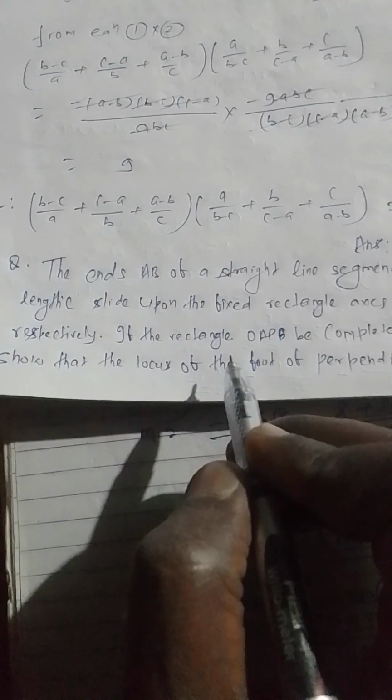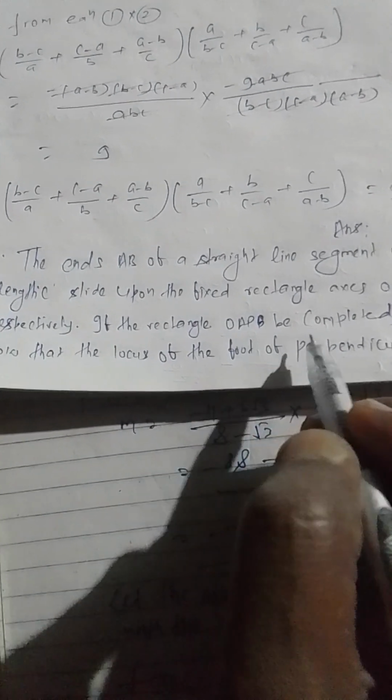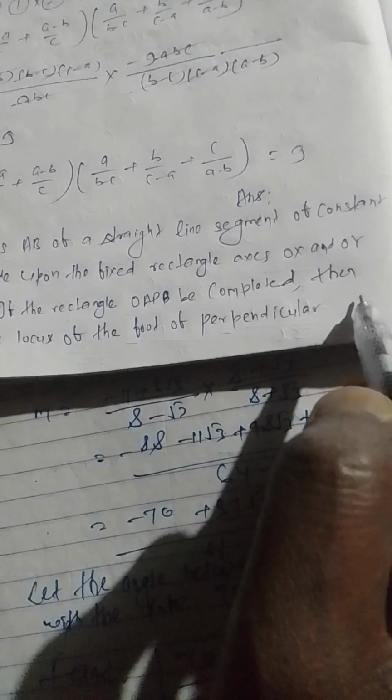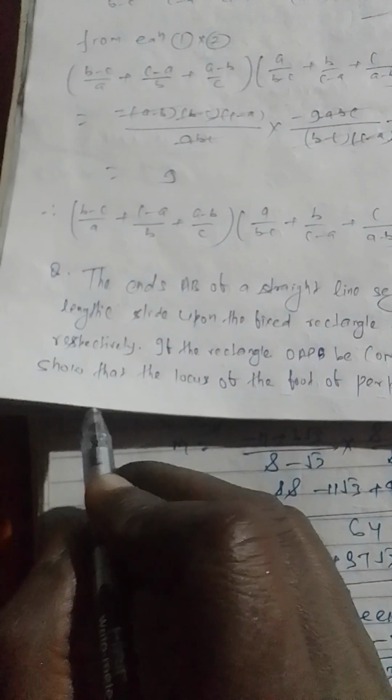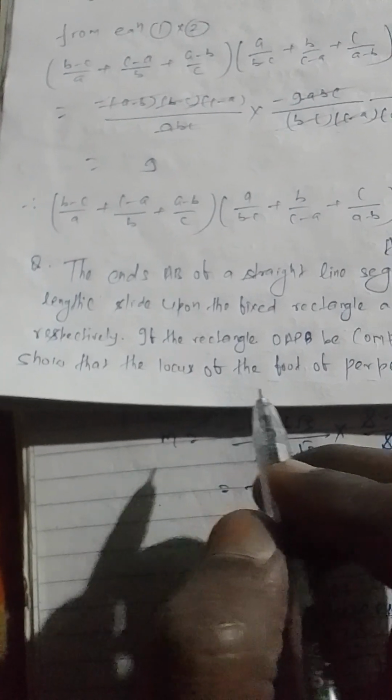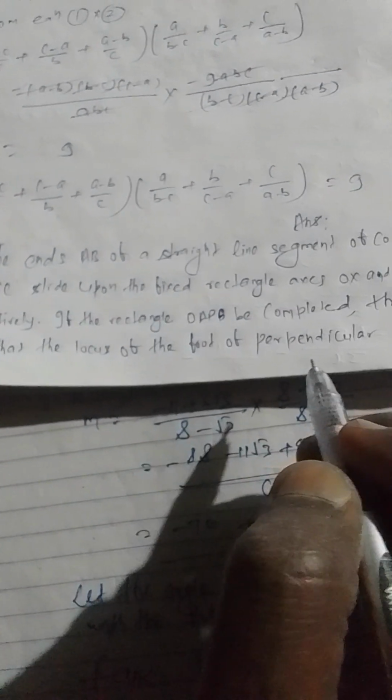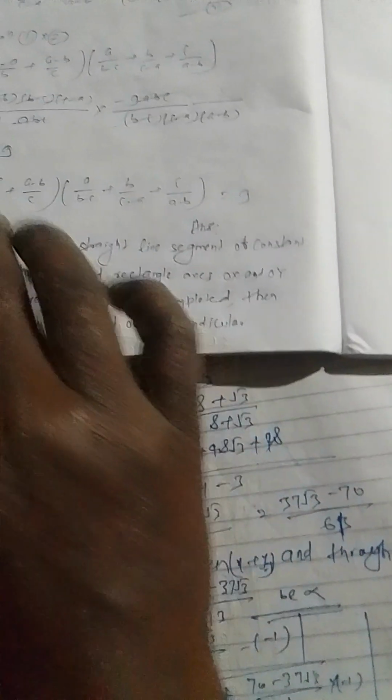If the rectangle OAPB is completed, then show that the locus of the foot of the perpendicular drawn from P to AB is x raised to the power 2/3 plus y raised to the power 2/3 is equal to c raised to the power 2/3.